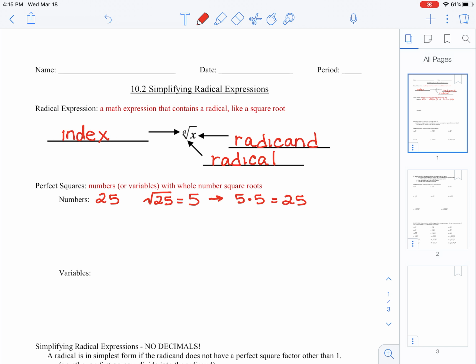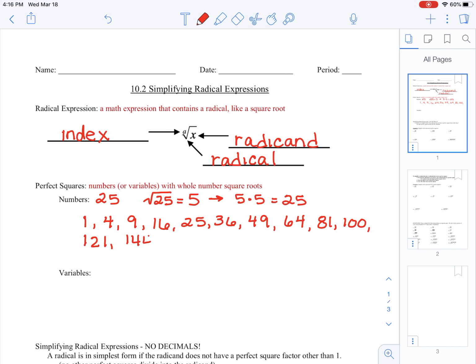You should memorize the list of the first set of perfect square numbers. You're going to want to know numbers like 1, 4, 9, 16, 25, 36, 49, 64, 81, 100, 121, 144, and so on.